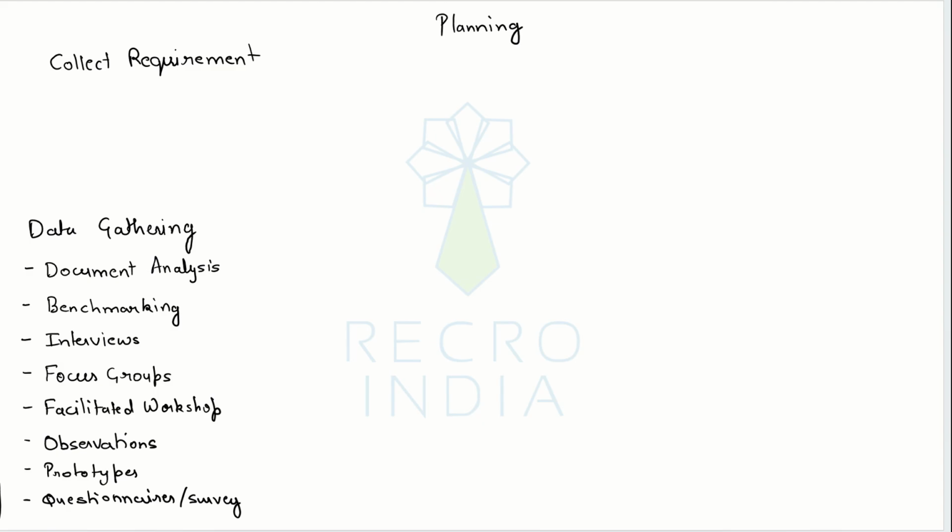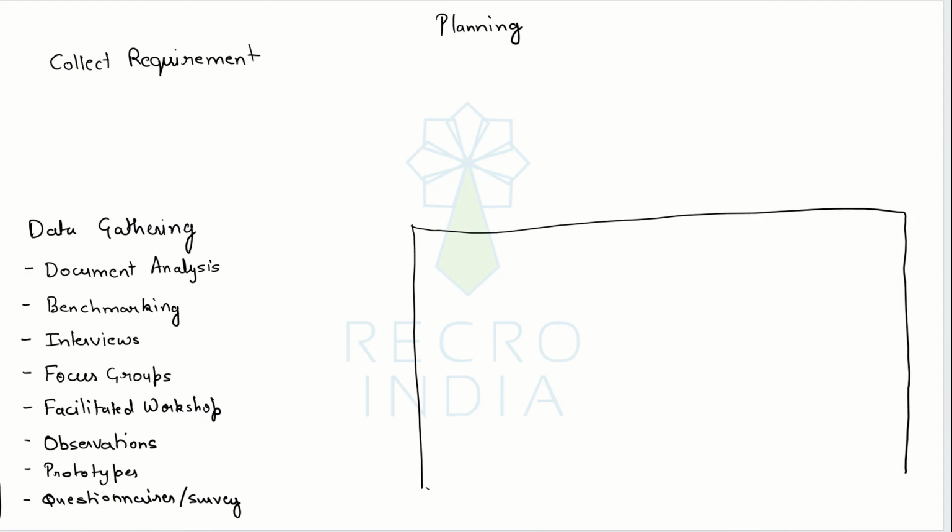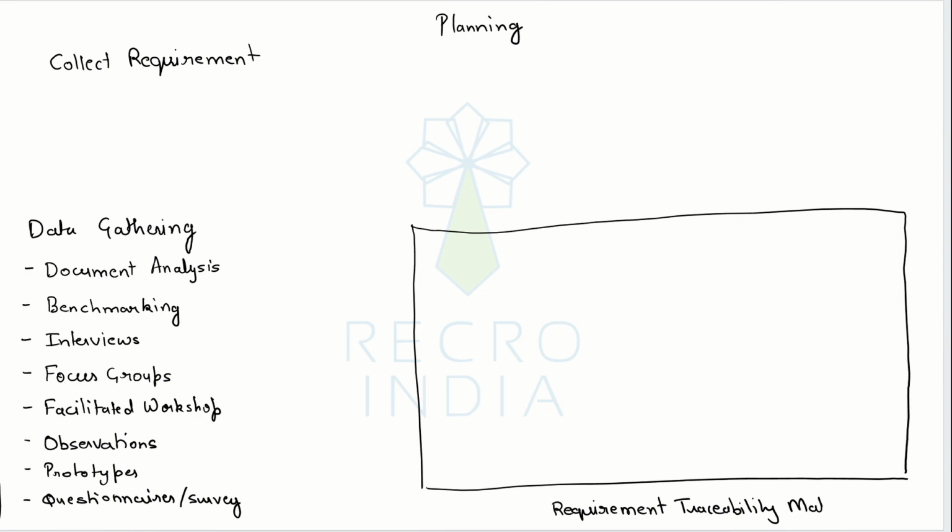And once you have done the requirements gathering, then obviously we want to document them in a way that helps us to trace and track these requirements throughout the project. So this is where we are introducing a document called the traceability matrix, the requirements traceability matrix, RTM in short.